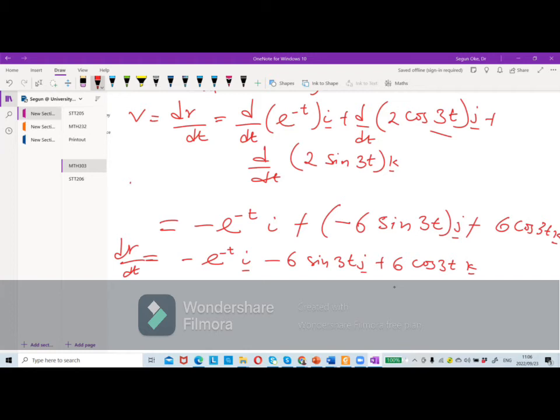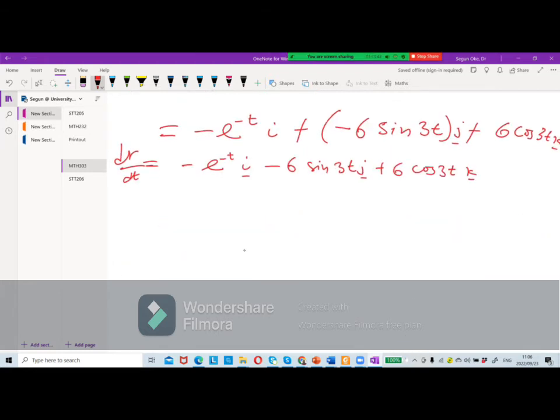For the acceleration, remember, a is the same thing as you differentiate your velocity again. So a equals d squared r/dt squared.